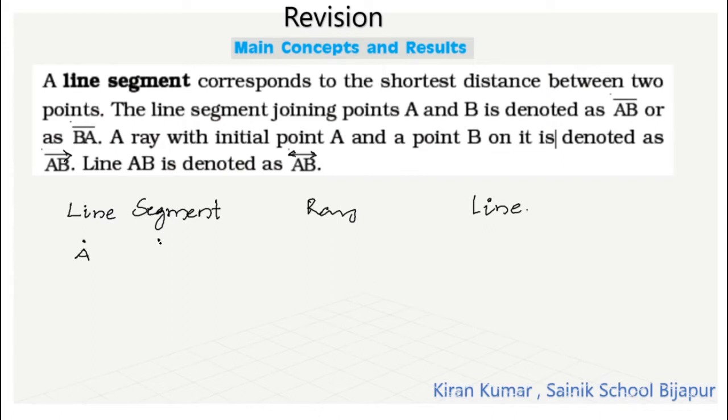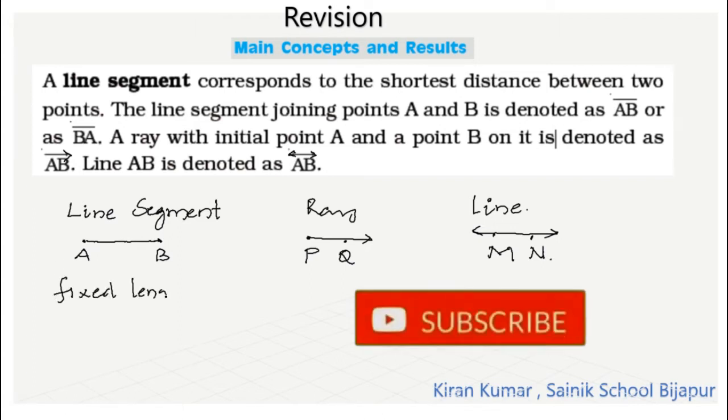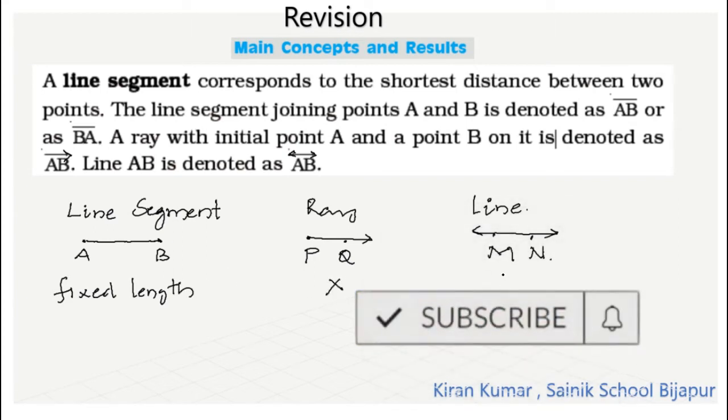Suppose the line segment AB, ray PQ and a line MN are considered. Here the line segment AB has got a fixed length. Here this doesn't have a fixed length. Line also has not got a fixed length.